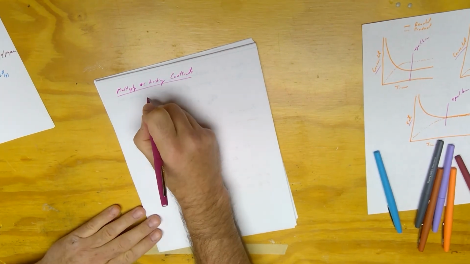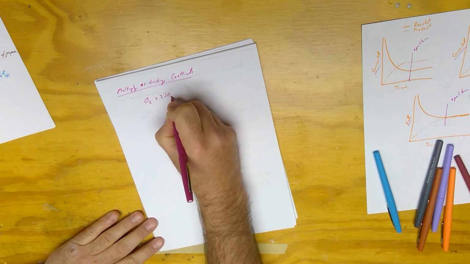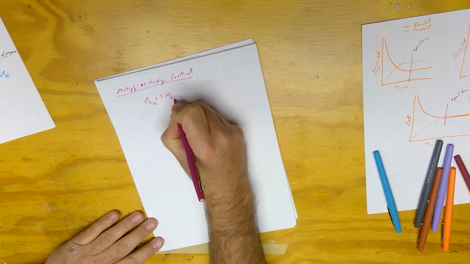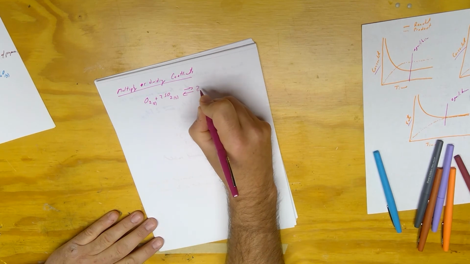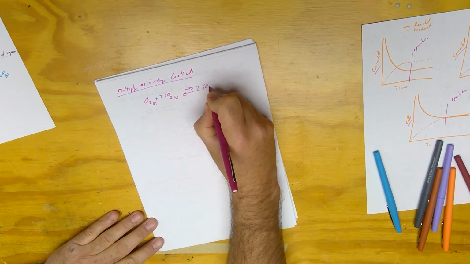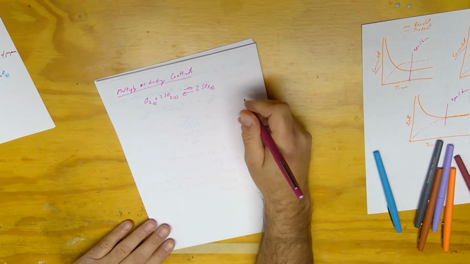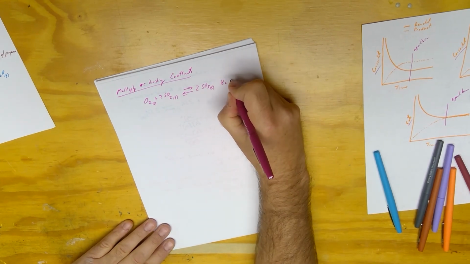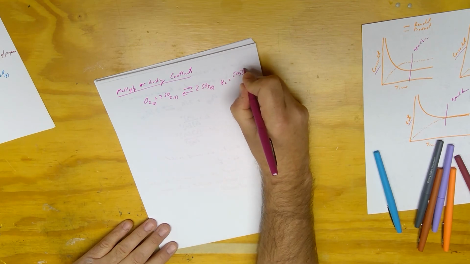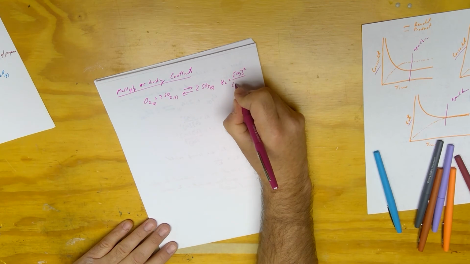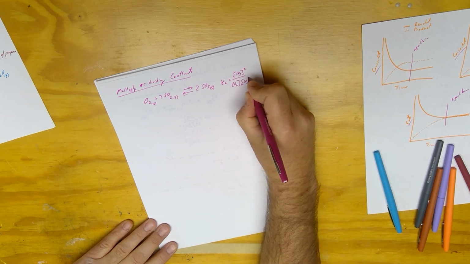So let's say we have this reaction again, O2 plus 2SO2, these are gases, in equilibrium with 2SO3 gas. We already came up with Kc here. Kc was equal to the concentration of SO3 squared all over the concentration of O2 times the concentration of SO2 squared.